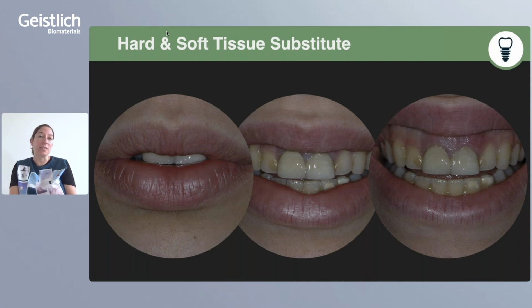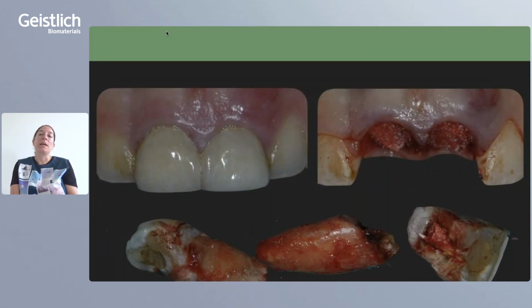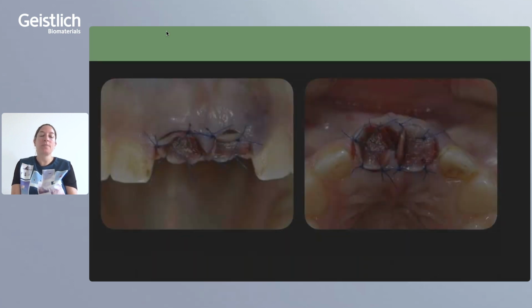Her upper incisors had to be extracted because of root fractures and huge inflammation. You see on the left side the teeth before extraction, and on the right side the site after extraction and after ridge preservation with a bone substitute material.